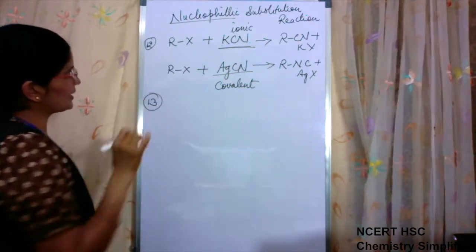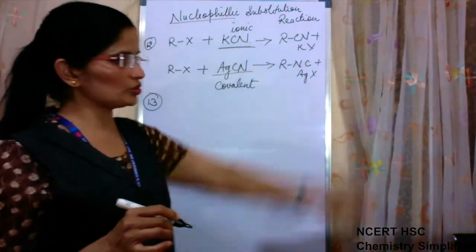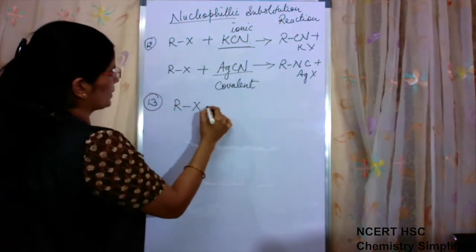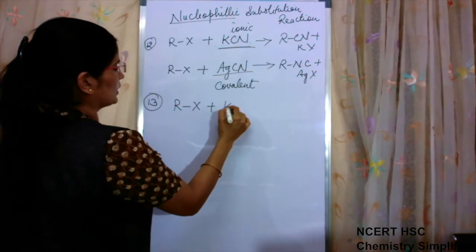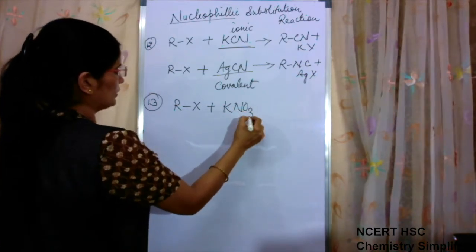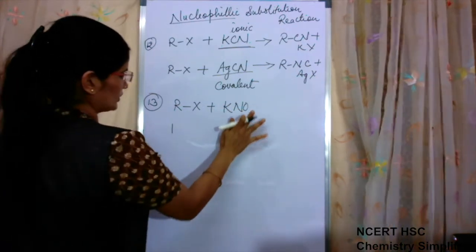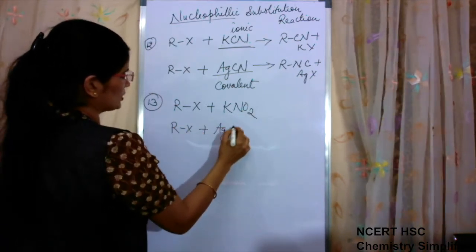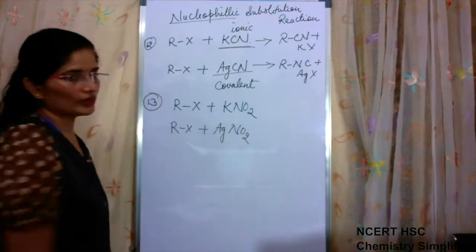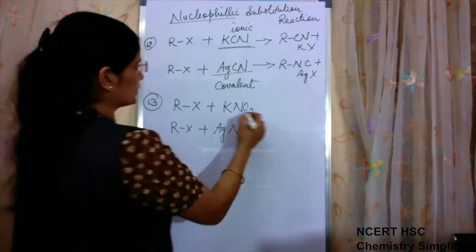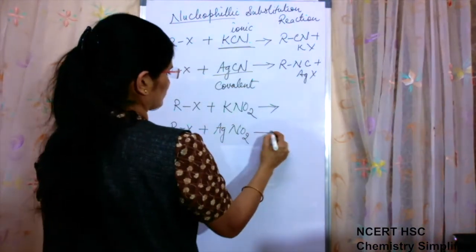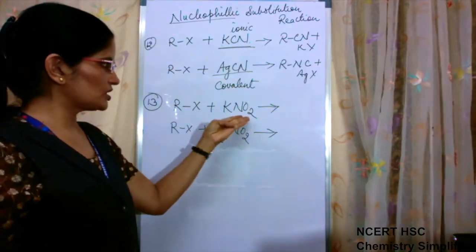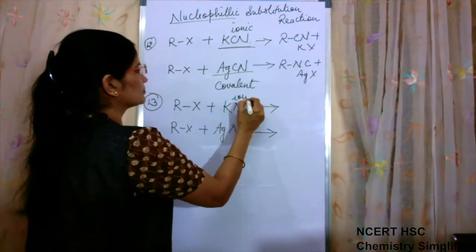Now the last reaction under nucleophilic substitution reactions. RX plus KNO2, RX plus AgNO2. Again, when RX reacts with KNO2, this is an ionic compound.